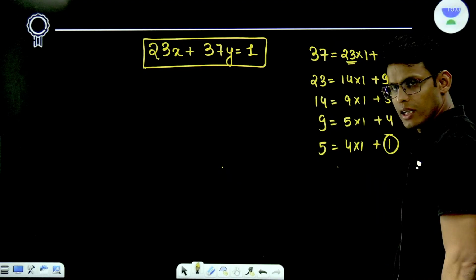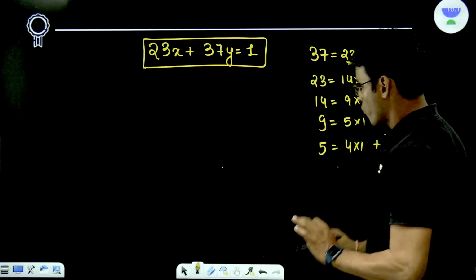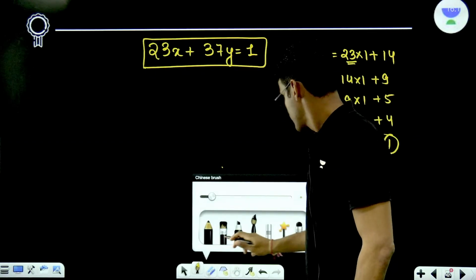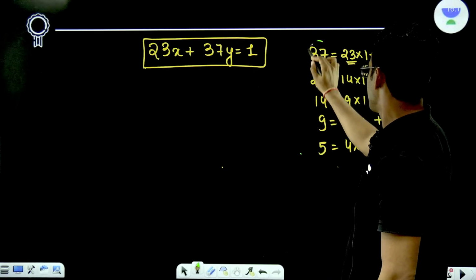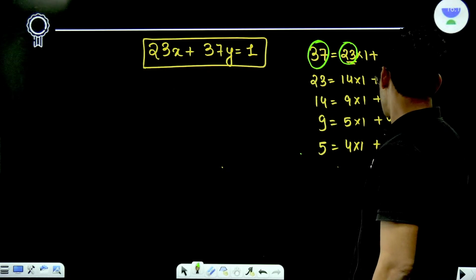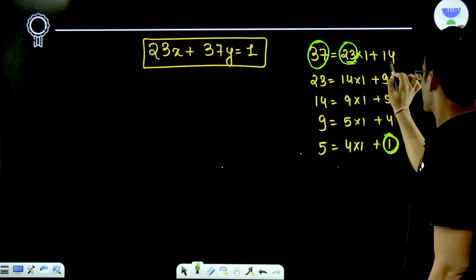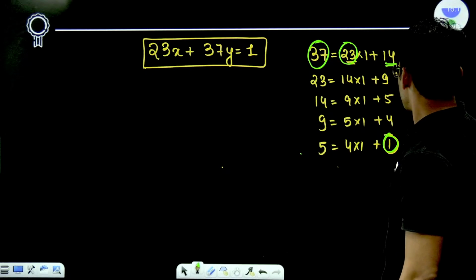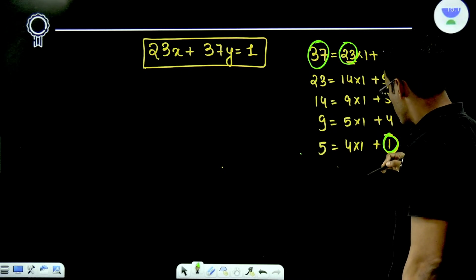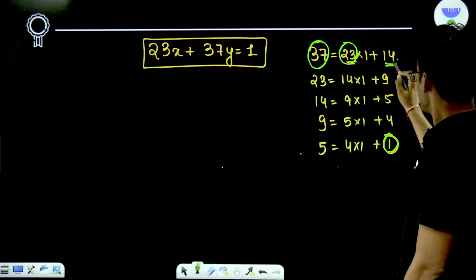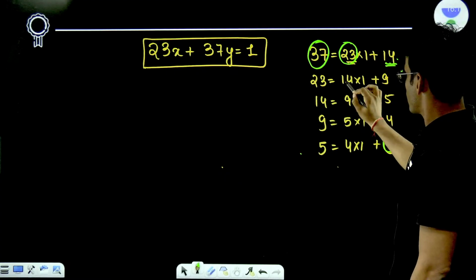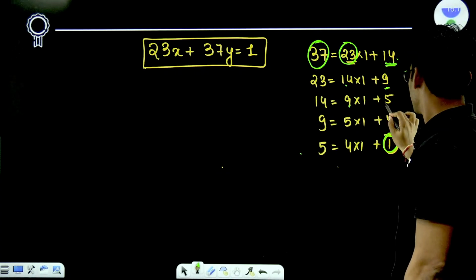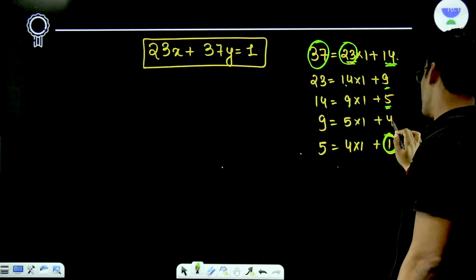My HCF is 1. What do I need in my equation? Let's circle them. I need 23, I need 37. I need to remove this 14, so I have to go till here. Because I can remove this 14 from here, but then to remove 9, 5 will come, and to remove 5, 4 will come.